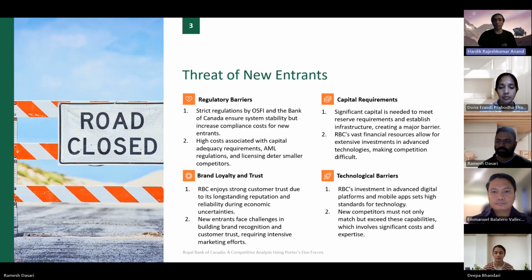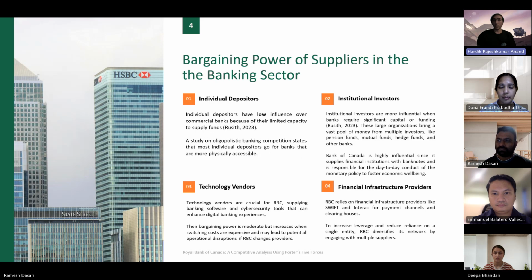Then the standards and brand loyalty: customers trust RBC because of its long history, which is tough for new banks to earn. And lastly, the technology: RBC's advanced digital banking sets higher standards, making it harder for new banks to compete with it. Now the next slide will be explained by Manuel.